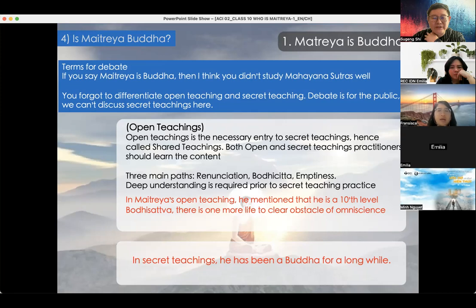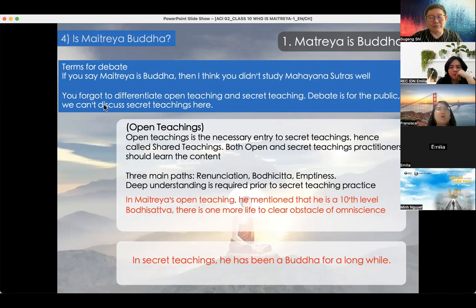In the sutra, the open teaching, in the Jewel of Realization, Maitreya mentioned that he is a 10th level bodhisattva. So he is not a Buddha yet. But in the secret teaching, we learn that he has been a Buddha for a long while.